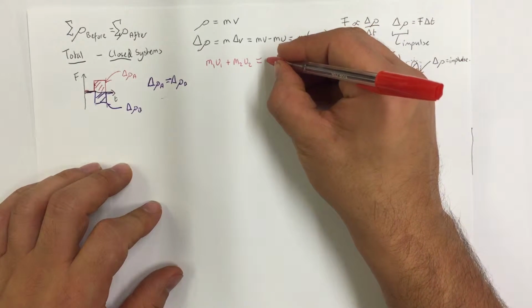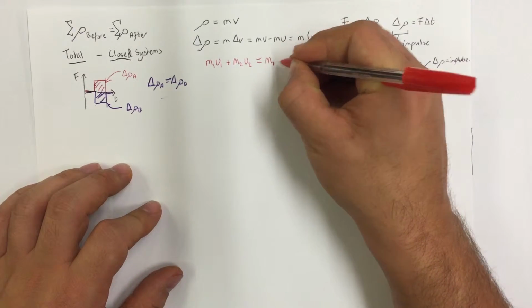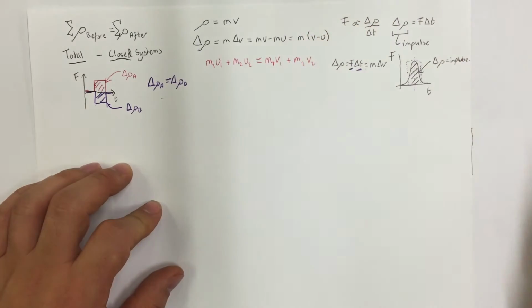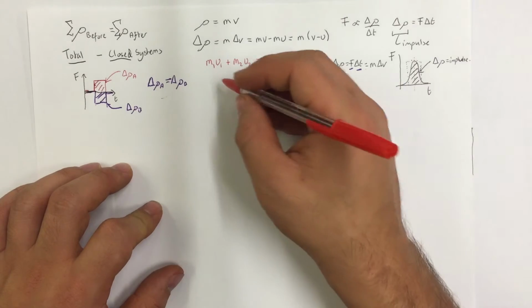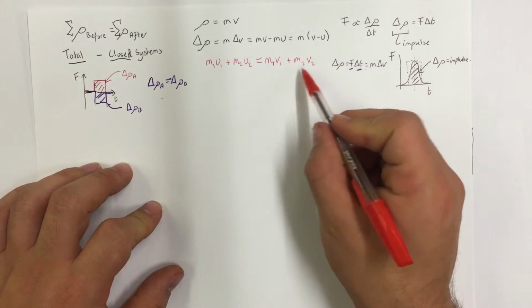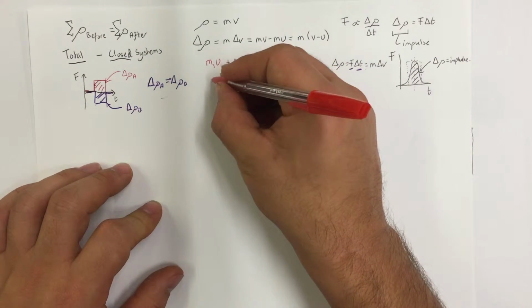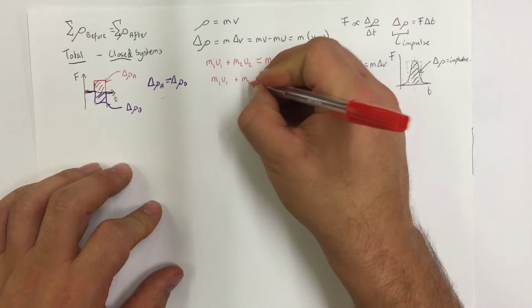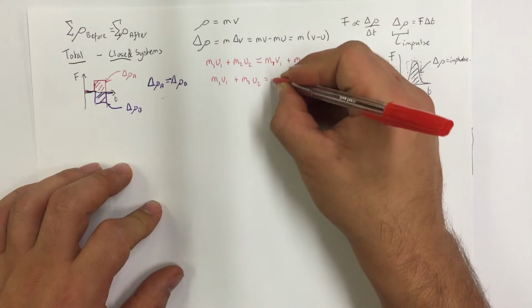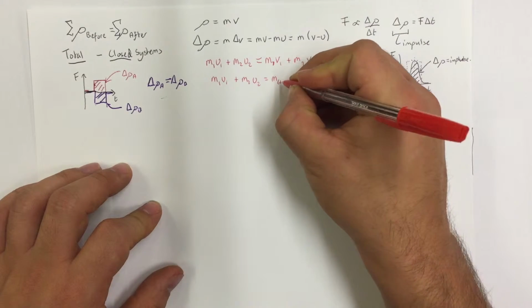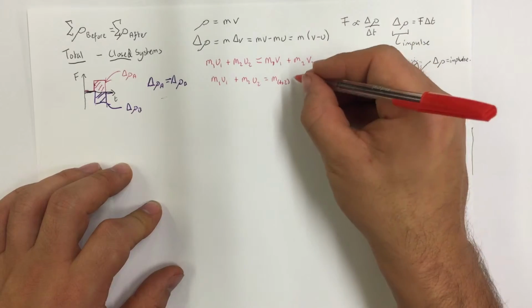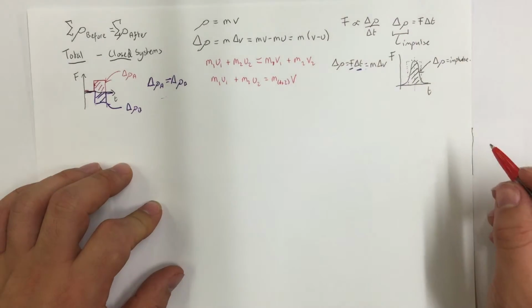So the final momentum will be m1v1 plus m2v2. Now, I can have a situation where instead of the two objects rebounding off each other, they stick together. So in that case, I'm going to have m1u1 plus m2u2 equal to (m1 plus m2) v, the two masses added together, times v, which is the final speed.